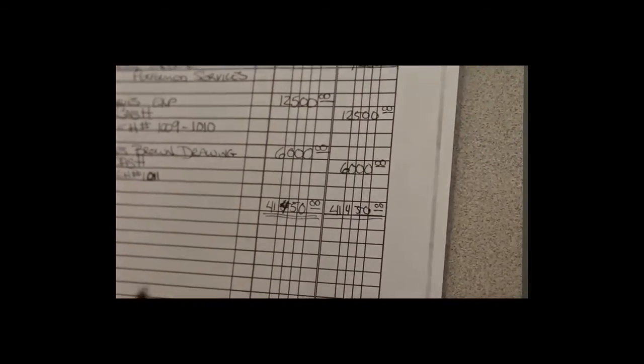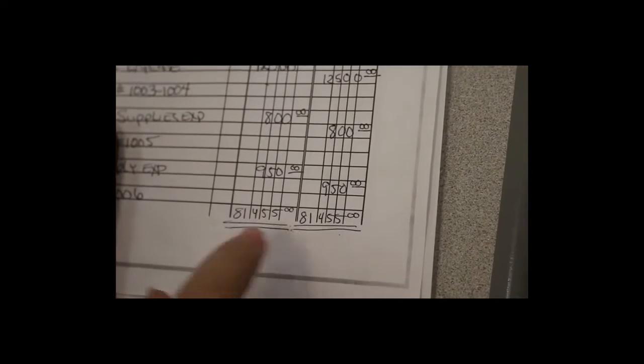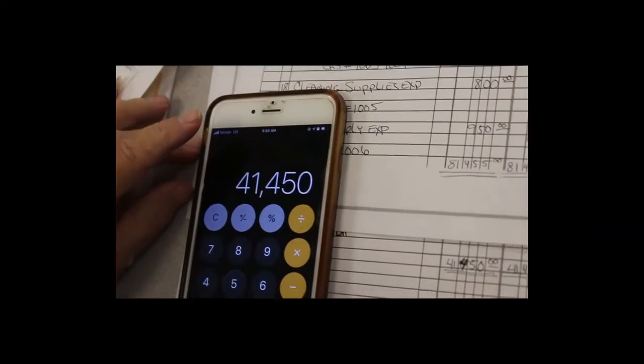Now I'm going to add these two numbers together so I get a total for both pages. I'm going to take 81,455 plus 41,450 equals 122,905.